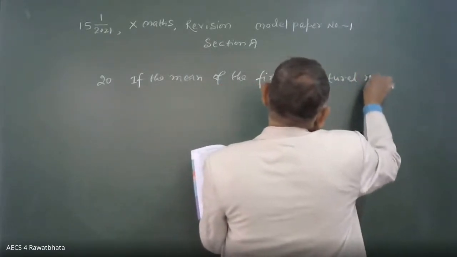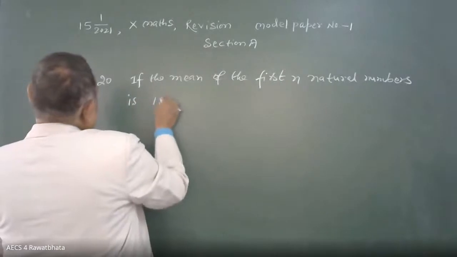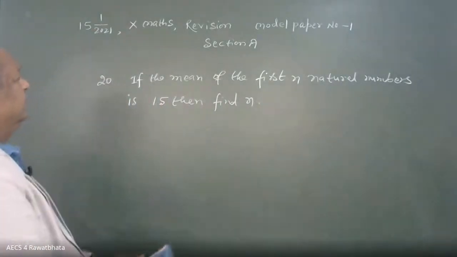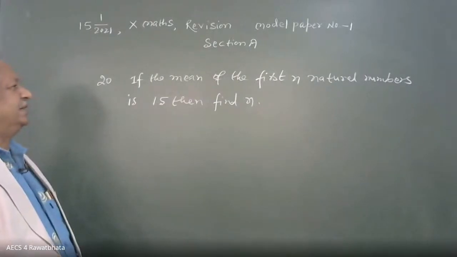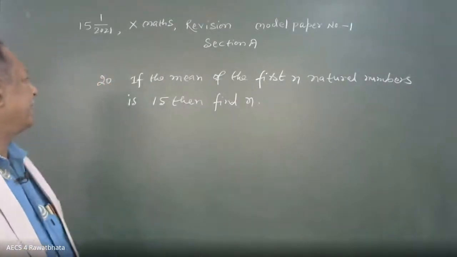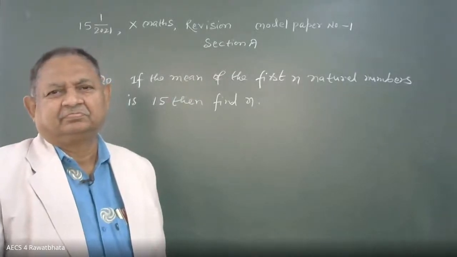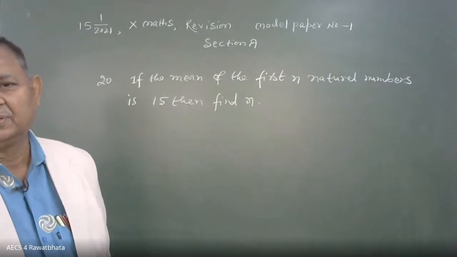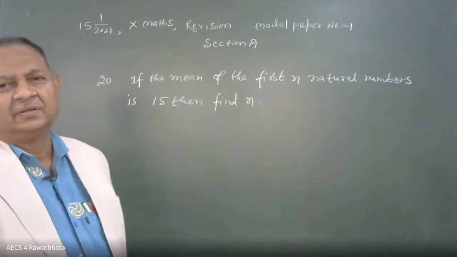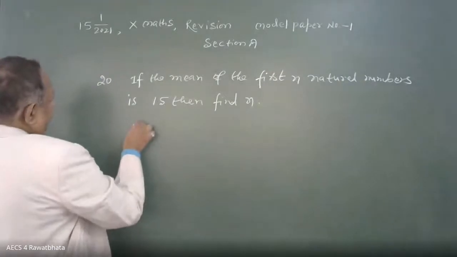Anyone can answer? The first n natural numbers are 1, 2, 3, and so on up to n.